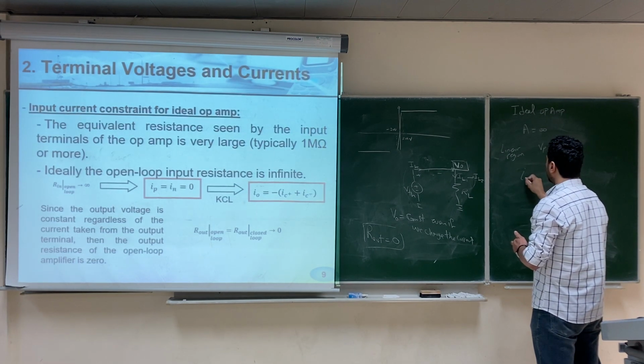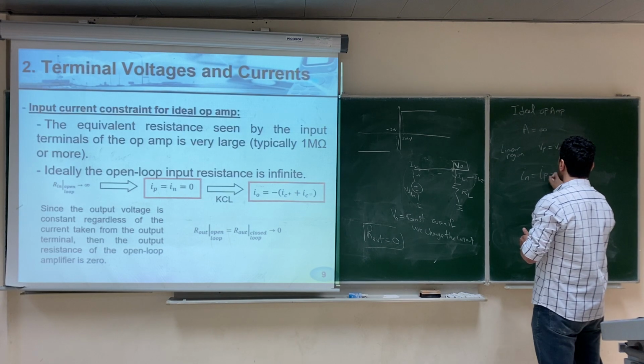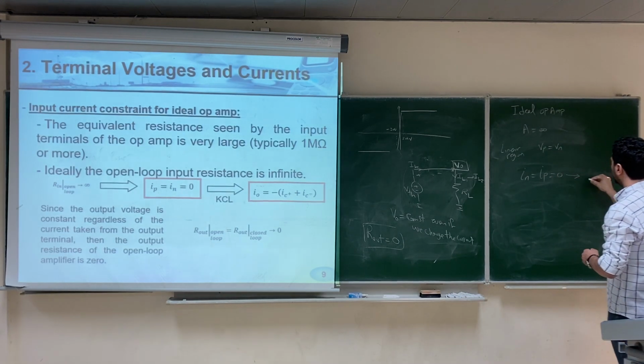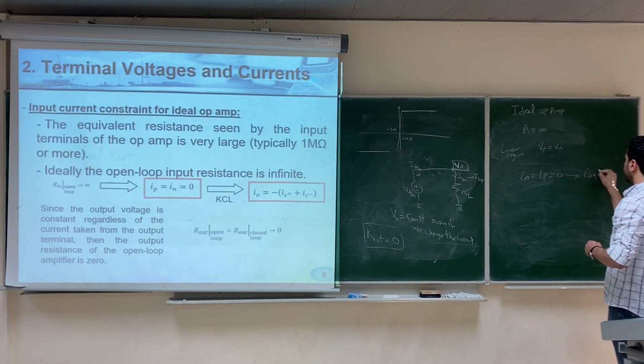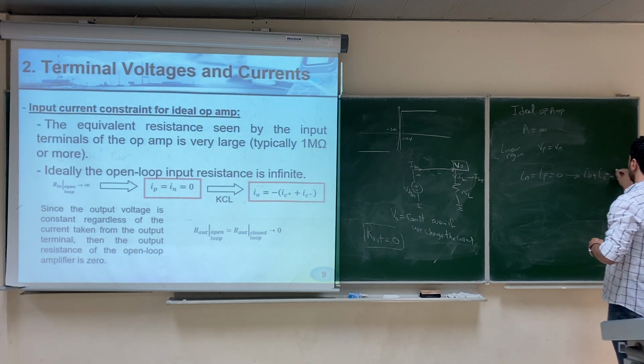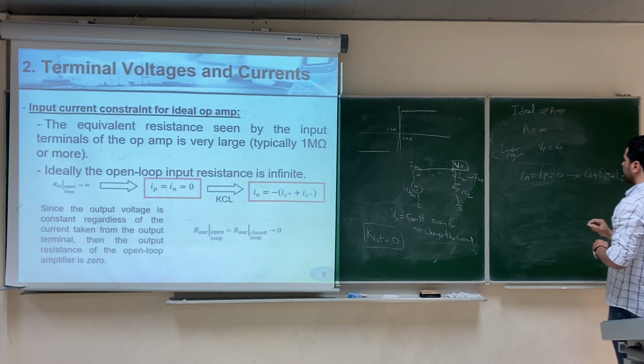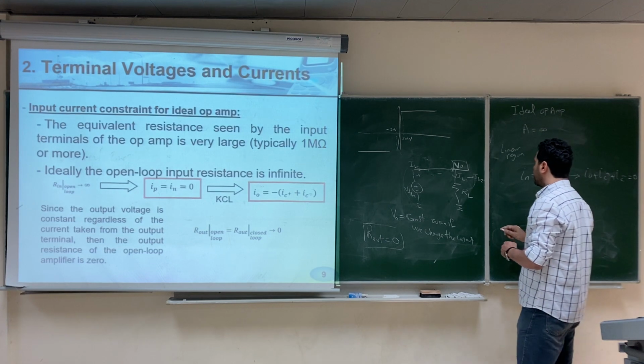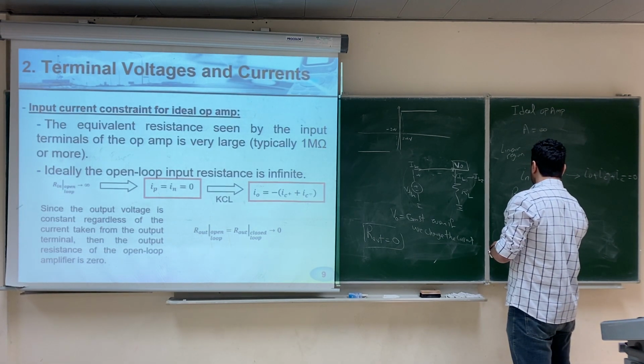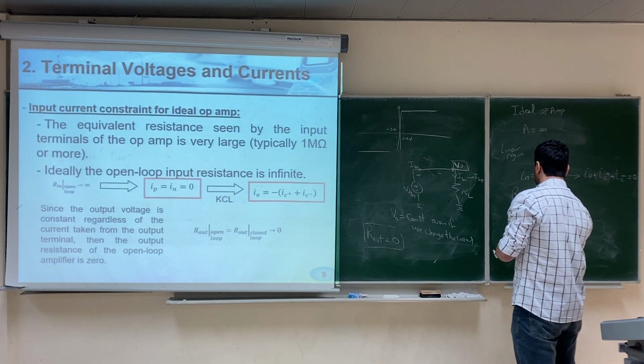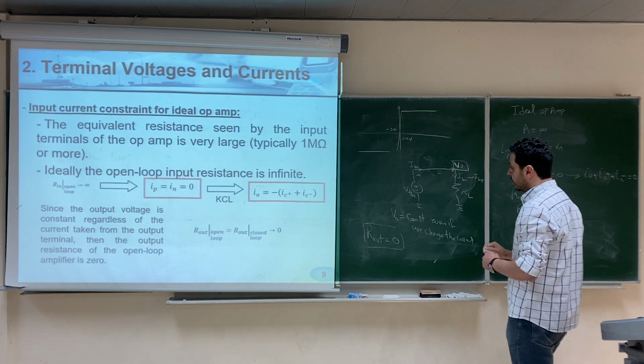Then In equals Ip equals 0. And from here we find that I output plus IC plus IC minus equals 0 from Kirchhoff's current law. Finally, R input is infinity, R output is 0.